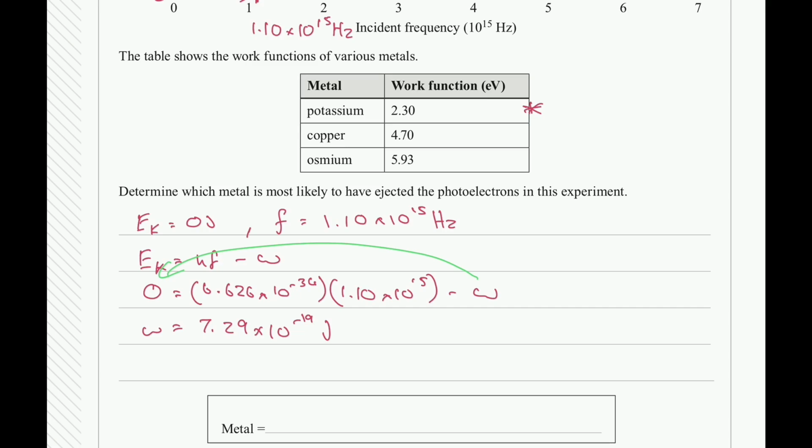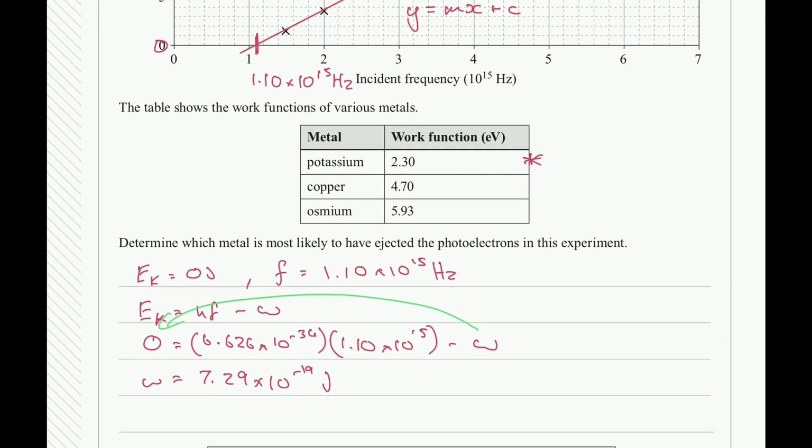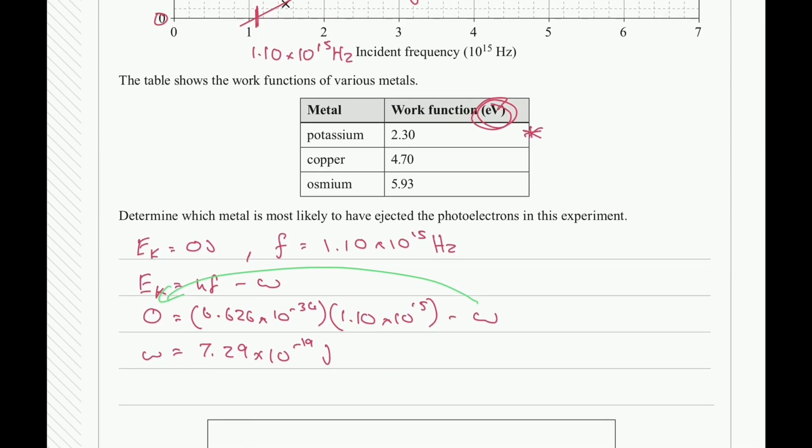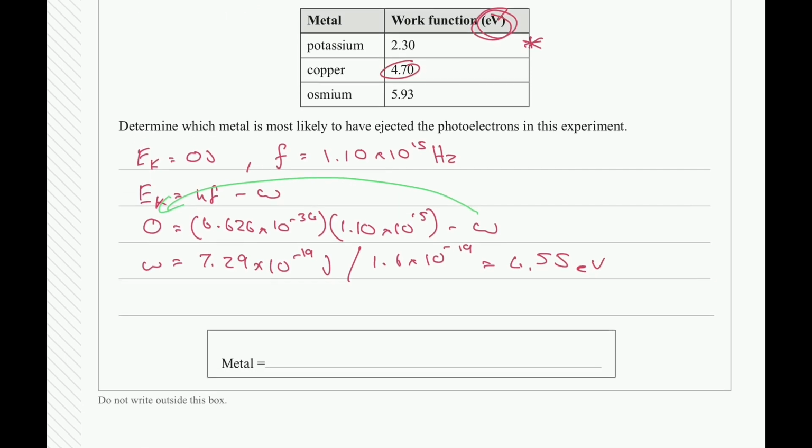The next step is to find it in electron volts. To convert from joules to electron volts, we divide by 1.6 times 10 to the negative 19, and we end up getting 4.55 eV. The closest one to 4.55 is copper, so my answer is copper.